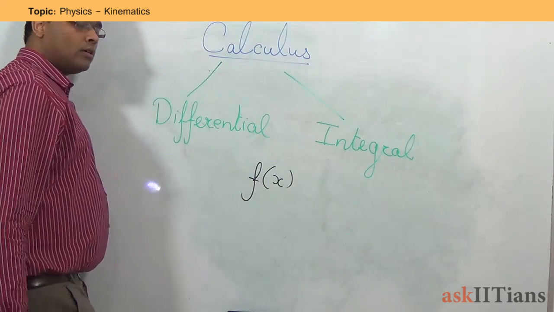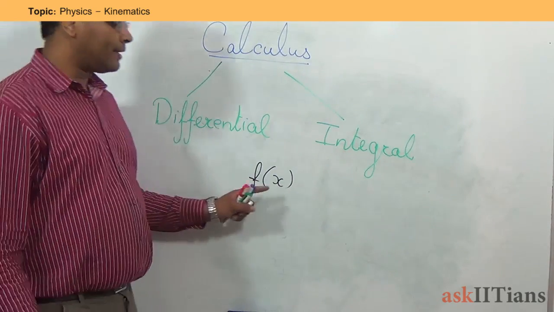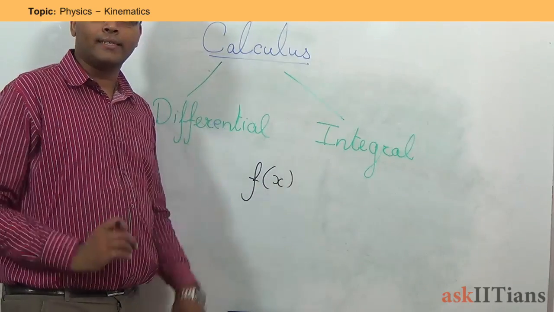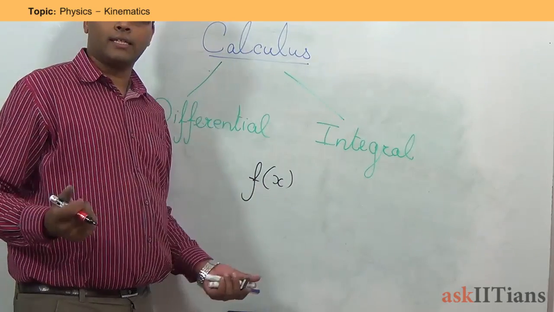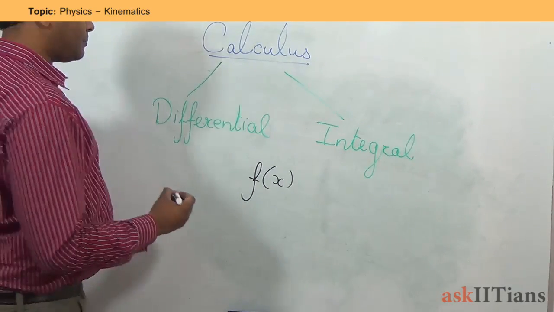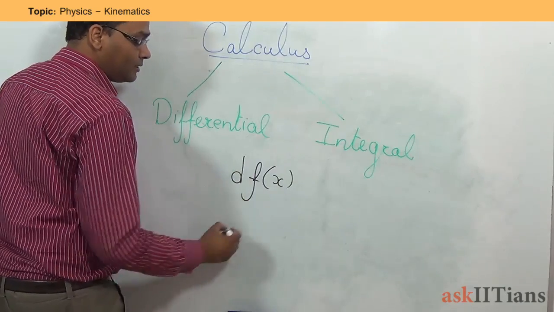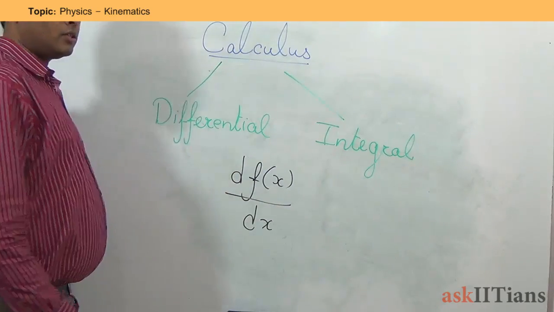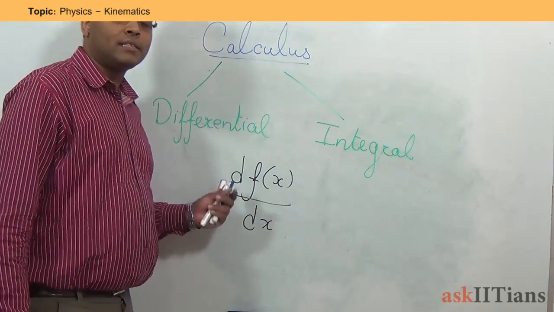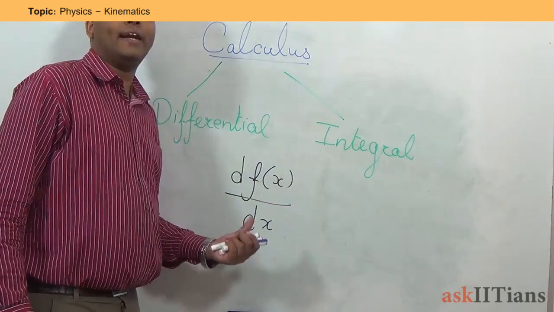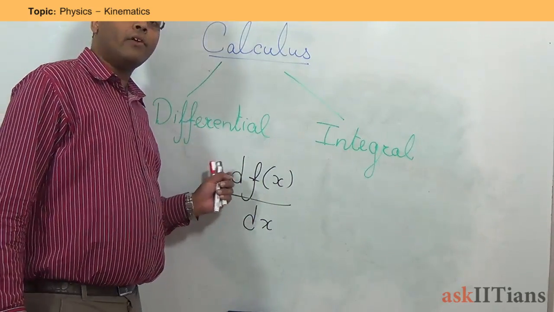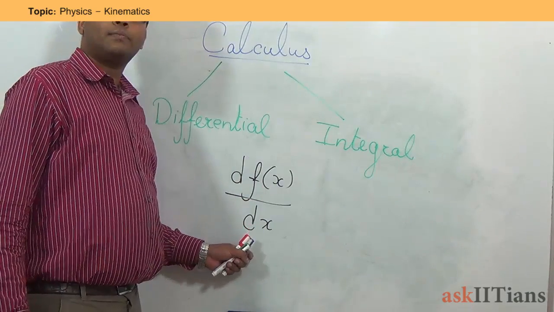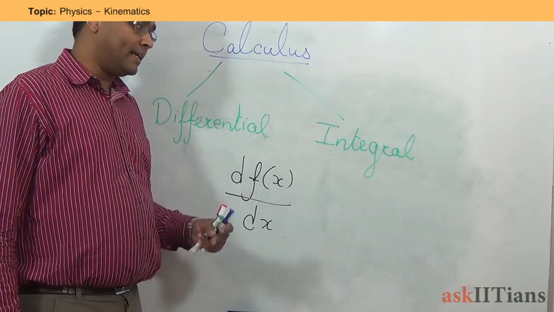We want to know, when I change the argument x by a small factor, let's say dx, how does the function change? That is represented as the change in the function divided by the change in its argument. This is what is known as differentiation or the derivative. So this is the derivative of the function f with respect to x, that is df by dx.